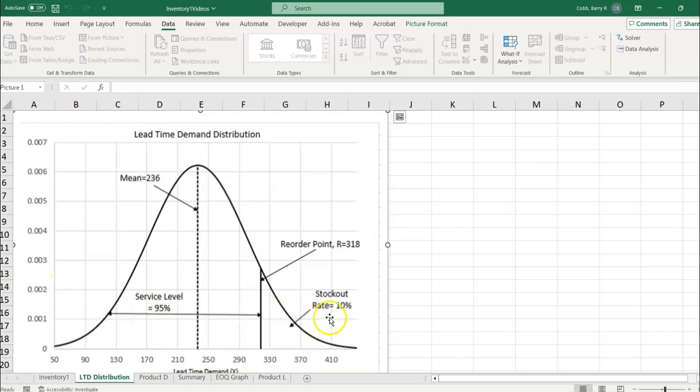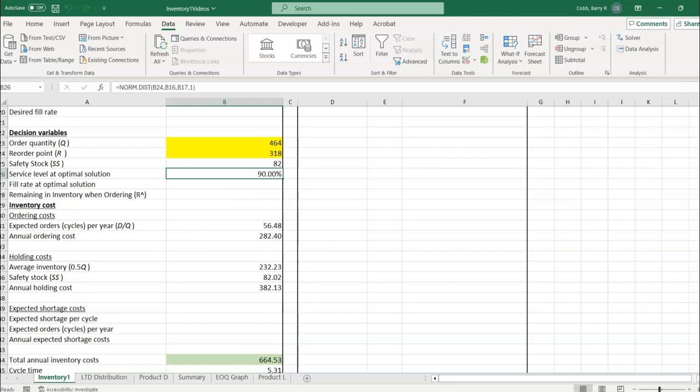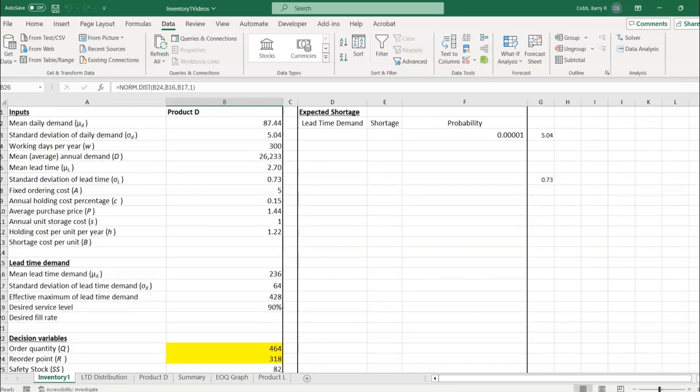This reorder point is what provides a service level of 90%, and the service level is the opposite of the stockout rate. And so that's how we can adjust our model to set a reorder point to achieve a desired service level. You can experiment with different service levels, and that will give different costs and a different reorder point.